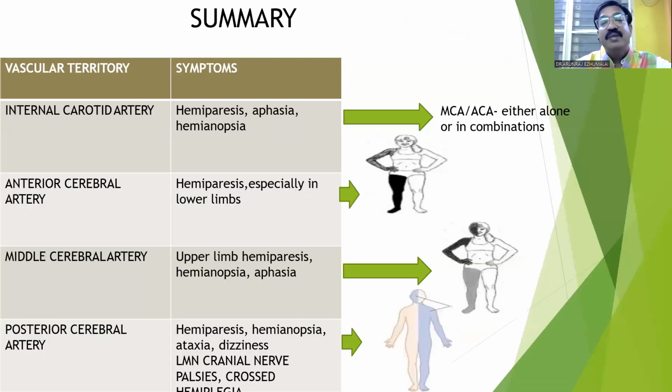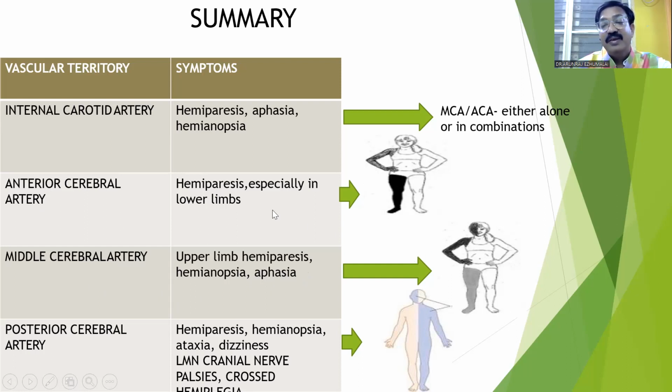To summarize: internal carotid artery, and here the anterior cerebral artery: hemiparesis, weakness predominantly of the lower limbs. Just remember ALL, anterior lower limb. Here the middle cerebral artery: upper limb hemiparesis, hemianopia, and aphasia.